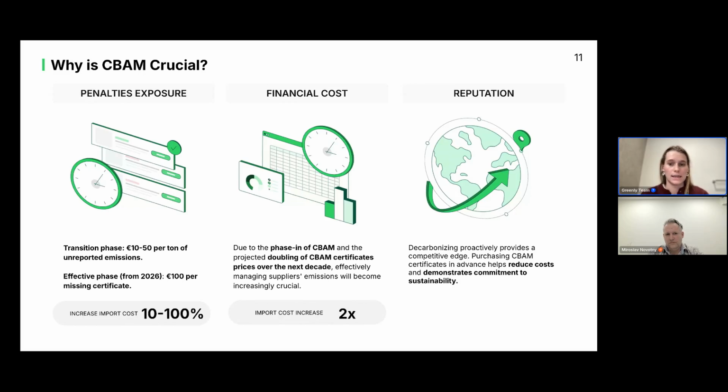Starting 2026, non-compliance will result in severe financial penalties ranging from 10 to 50 euros per ton of unreported emissions. And in the effective phase, by 2026, it's going to be 100 euros per missing certificate. So there's a financial risk management that needs to come into place here.